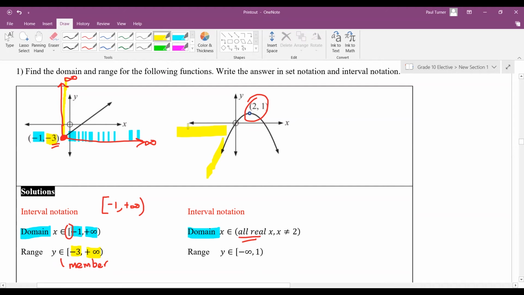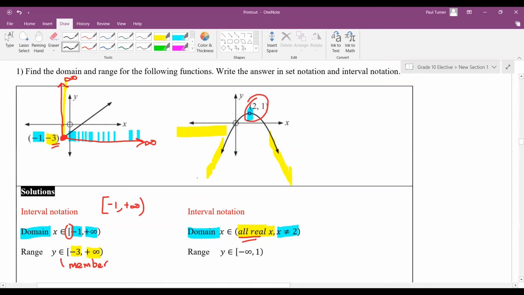That's going down, but it's also going to -infinity this way. And it's also going down and it will go to positive infinity this way. So that's why it's all real x values, except this point here, because it's an open circle. So except when x equals 2.